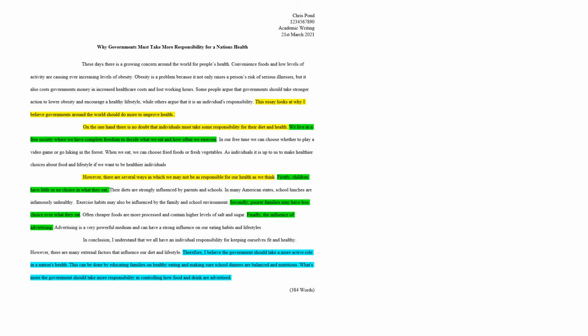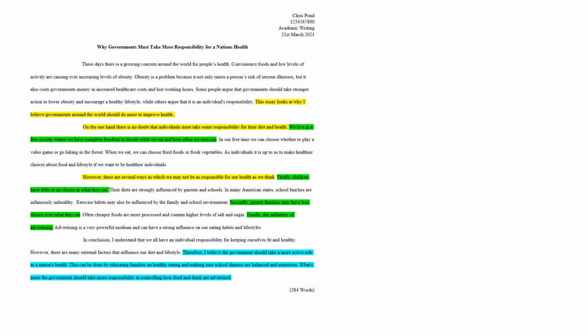And then we have our information organized into paragraphs. We start with an introduction paragraph, body paragraphs, and conclusion. In our introduction, we have an introduction to our topic, saying why it's important, and then we have our main thesis statement, our main idea.